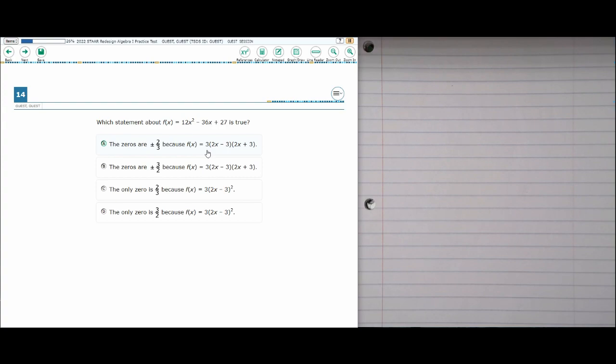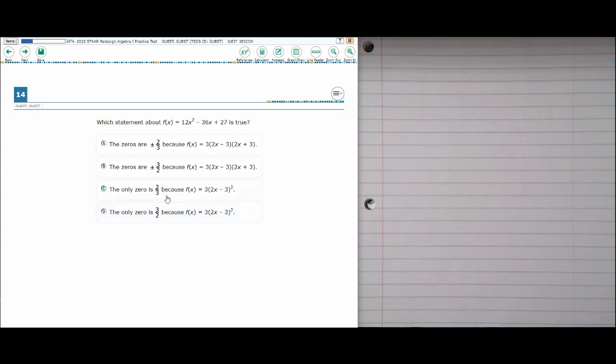Now what I would do, before I do anything else, is graph this to actually see, are my zeros actually 2 over 3? Or if you look at the next answer, it says they're 3 over 2. And then if I go down further, notice it says the only zero is 2 over 3. And this one says the only zero is 3 over 2.